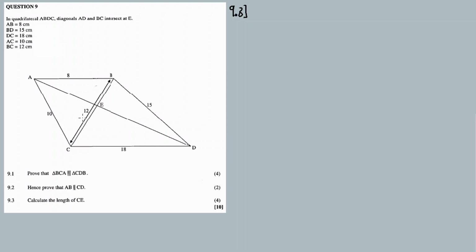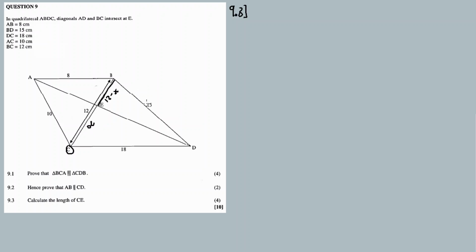So let us represent CE as X. If this is X, what is the length for the side of triangle BED? It's 12 minus X. So now we are back to case number 2.